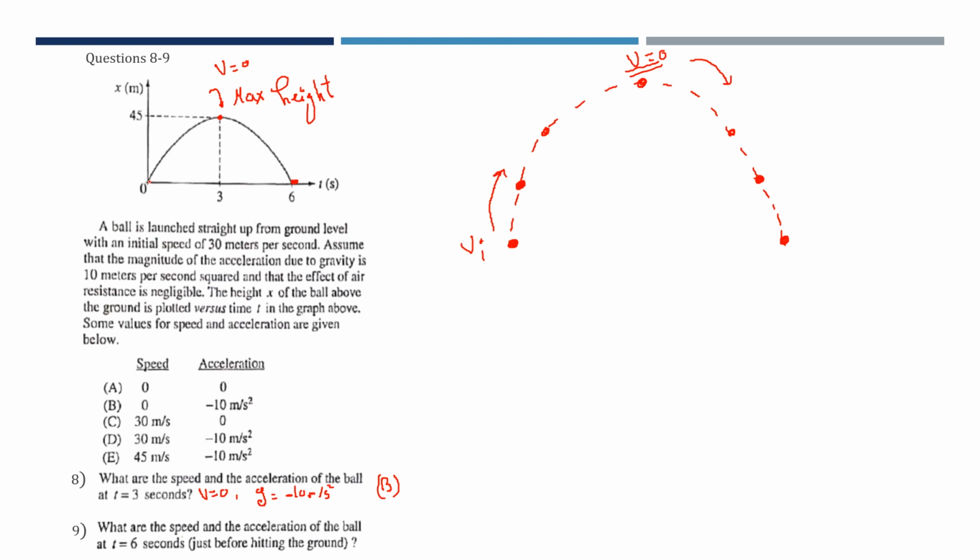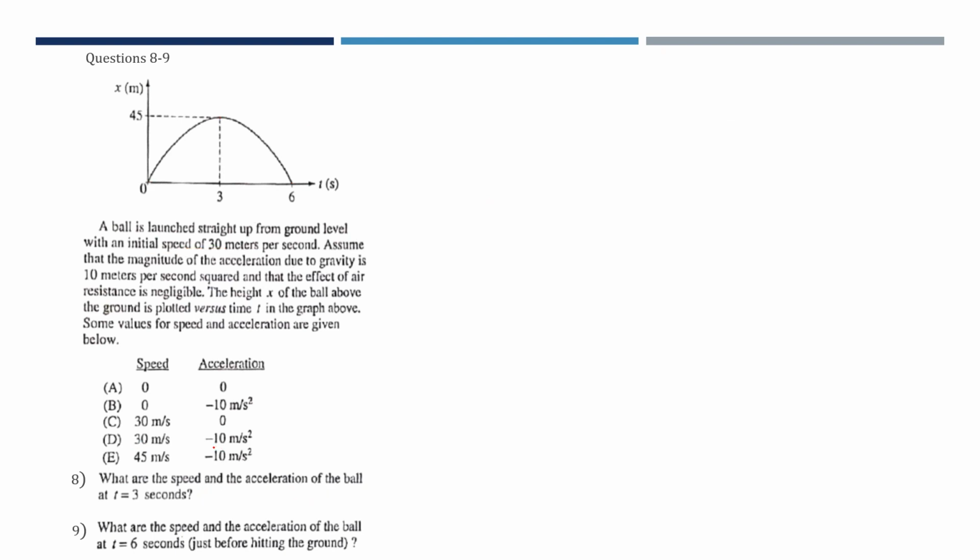So we have an initial speed of 30 meters per second, which means just before hitting the ground, we have the same speed, which is 30 meters per second. So D is the correct answer. We have 30 meters per second for speed and negative 10 meters per second squared for the acceleration.